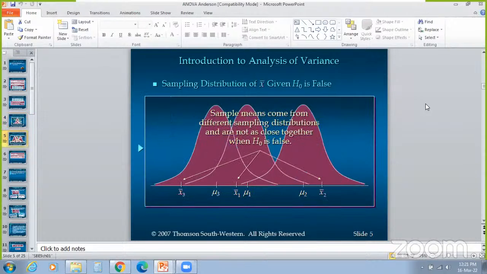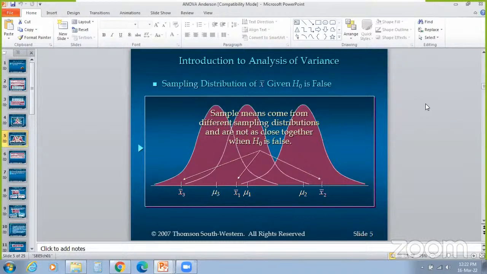But in this other case, the sample means are coming from 3 separate populations. If the sample means are coming from 3 separate populations, then they are not close to each other. Since they are not close to each other, there is a statistically significant difference between those 3 population mean values. Hence, the null hypothesis is false. So what do we mean by the null hypothesis being true in analysis of variance? You have a single population, all 3 samples are coming from the same population, hence the means are identical.